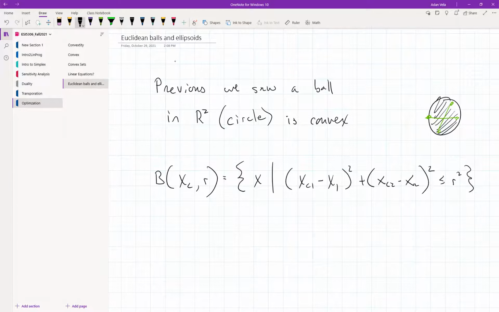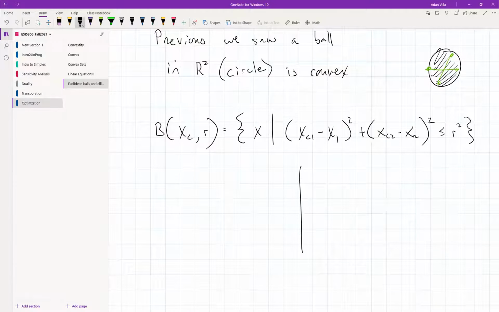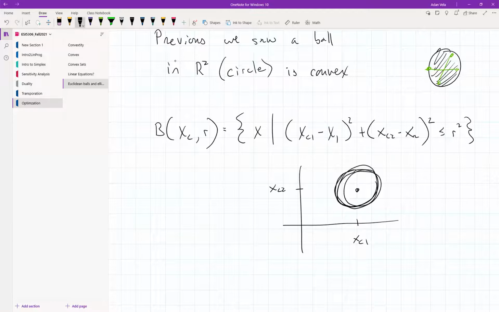All we're saying is, here will be xc1, and this is xc2, and anything inside the circle with radius r is in the set.